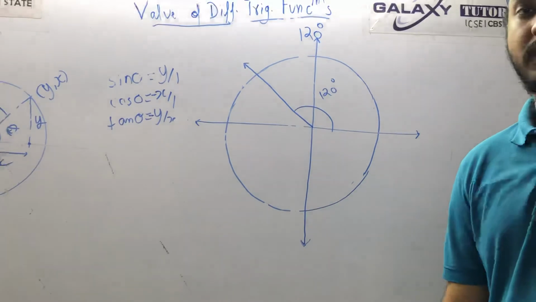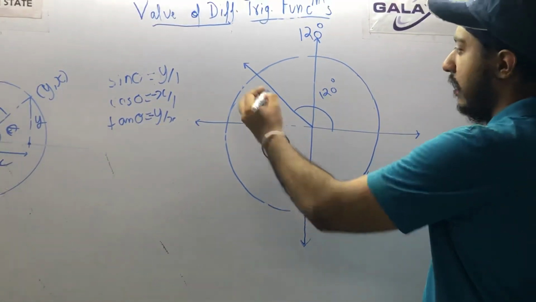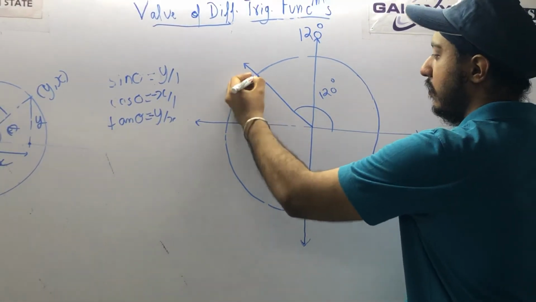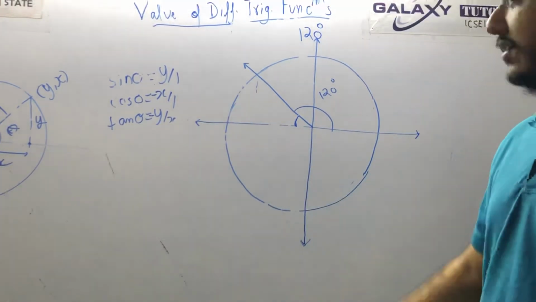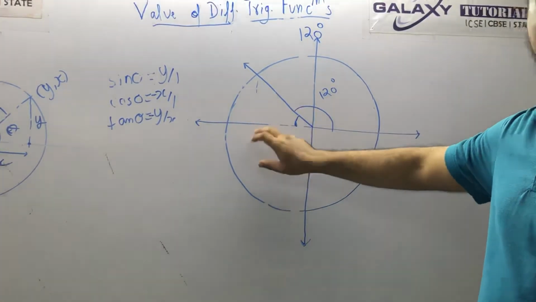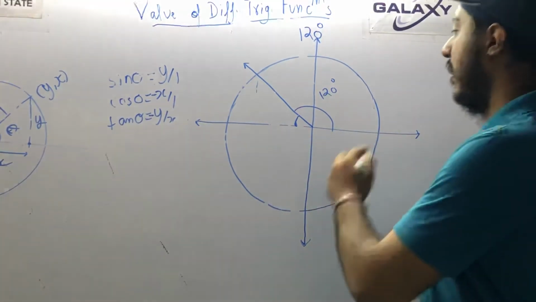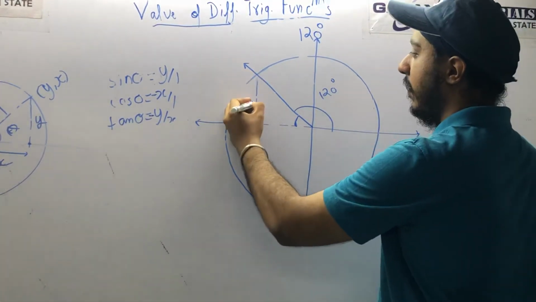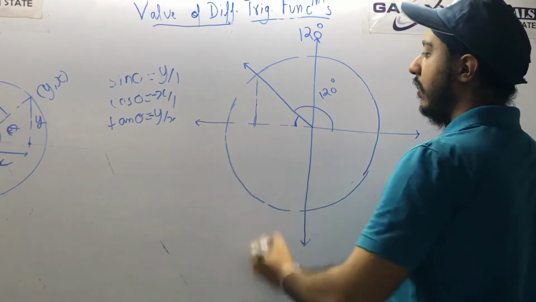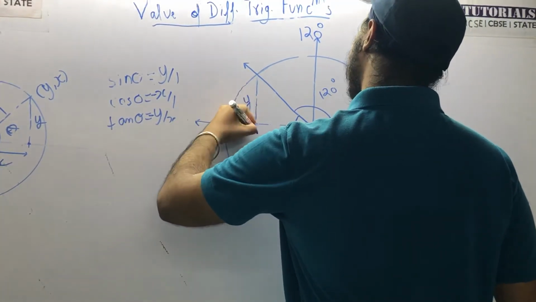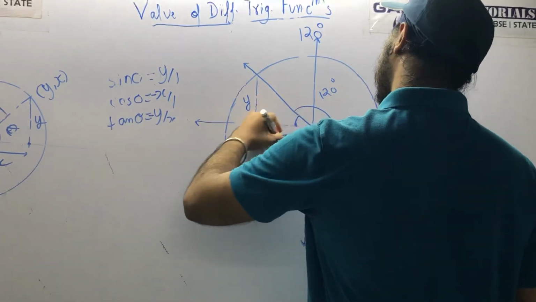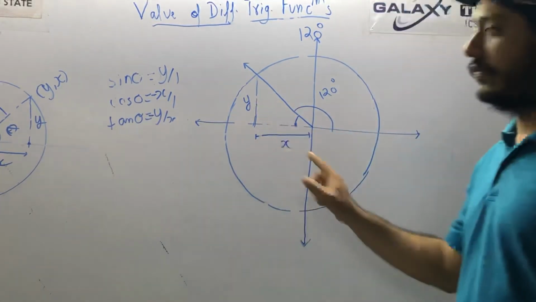So this will be the reference angle. I already told you the definition of reference angle: it is the angle between the terminal ray and the x-axis. Here we will draw a perpendicular. This will be y, and this will be x.